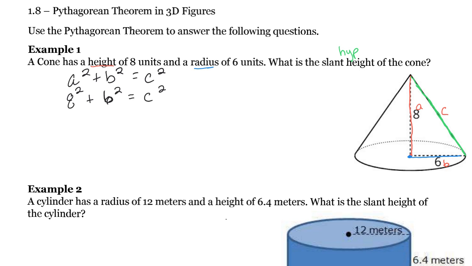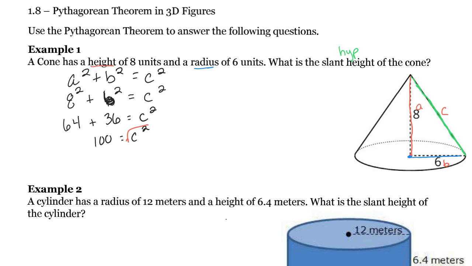So what is 8 squared? 8 squared is 64. What is 6 squared? 6 squared is 36. So what is 64 plus 36? 64 plus 36 is 100.